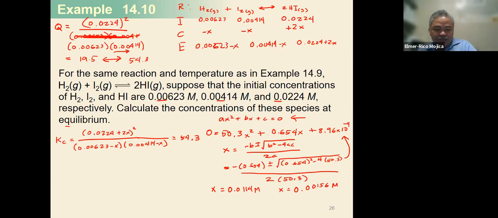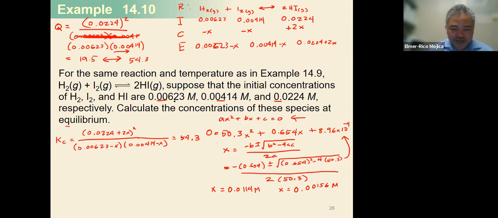So these are the values that you have. Now the question is, which one is the right one? You're going to look at the value and compare it with the initial concentration. So you have 0.0114. What do you have here?